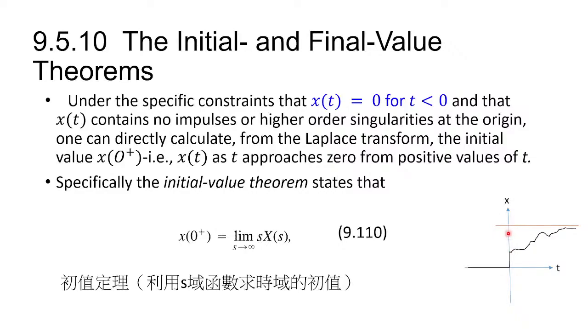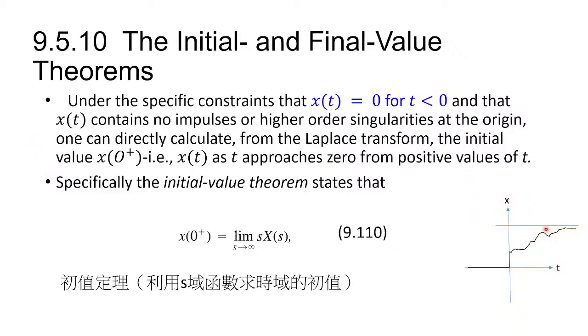There is no delta function going to infinity, but x can be discontinuous here. This is what we are interested in: x will start at 0 for every negative t, but it can jump to some value x of 0 plus here, and that's what we are trying to figure out.